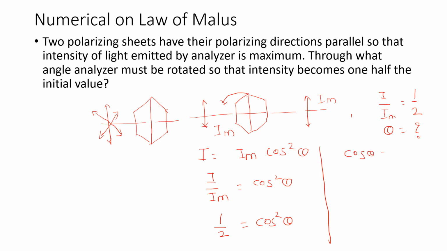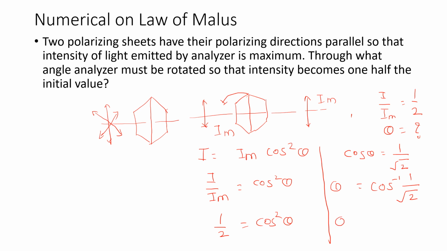Cos theta is equal to 1 by root 2. So what is the meaning of this? What should theta be then? Theta will be equal to cos inverse of 1 upon root 2. So you will get two angles.